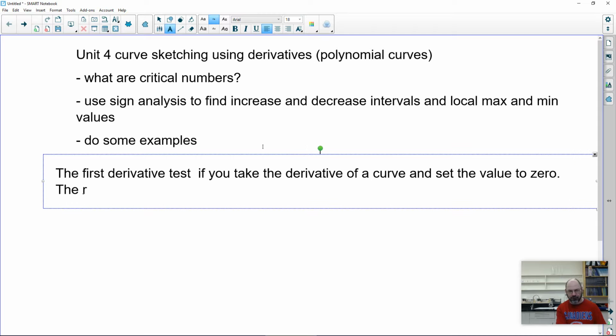The resulting values of x are called critical points or critical numbers.